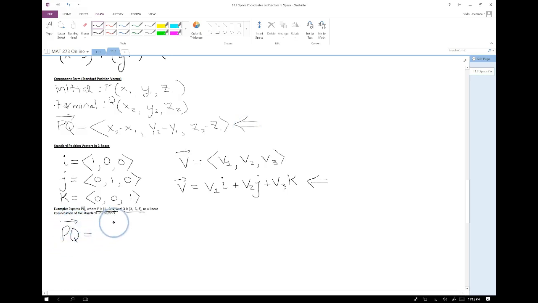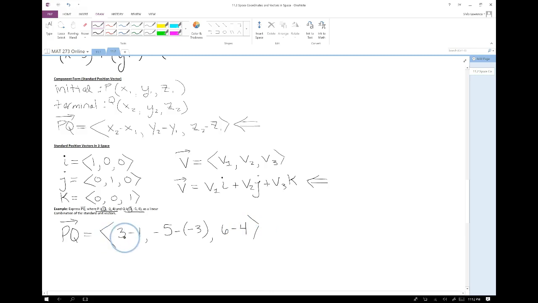The component form of vector PQ we get by finding the difference between the terminal coordinates and the initial coordinates. So for our first coordinate, we need to calculate 3 minus 1. For the second component, we use the y coordinates, so negative 5 minus negative 3. And then for the z component, we do 6 minus 4.